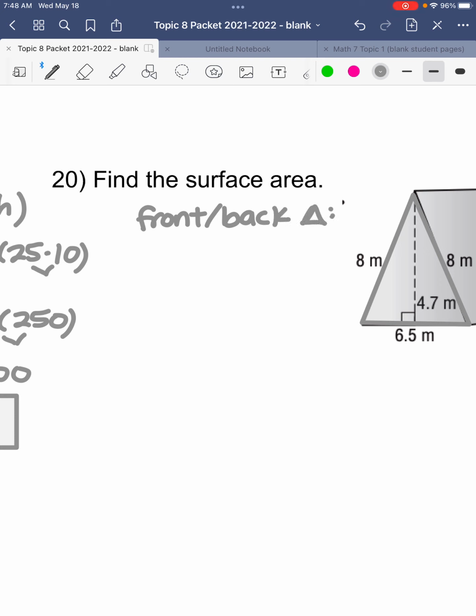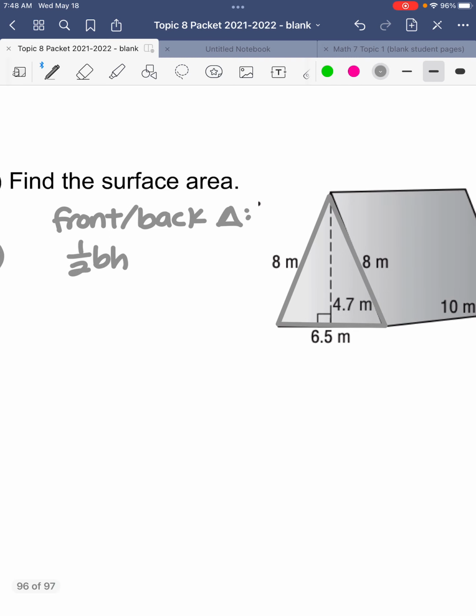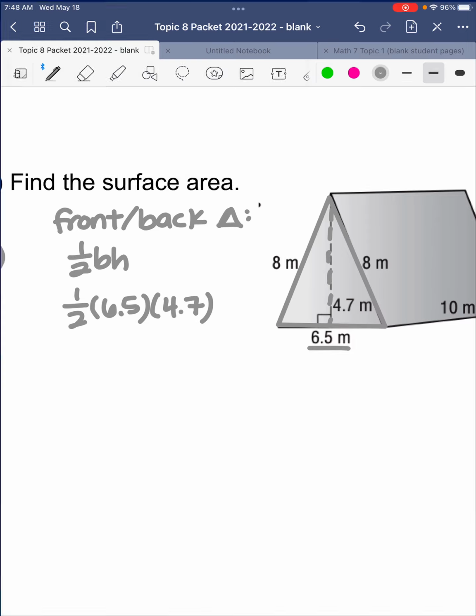So area of a triangle is 1/2 times the base times the height. Okay, well, the base of that triangle is 6.5. So we have 1/2 times 6.5. And the height is this dashed line here, which is 4.7. So times 4.7.